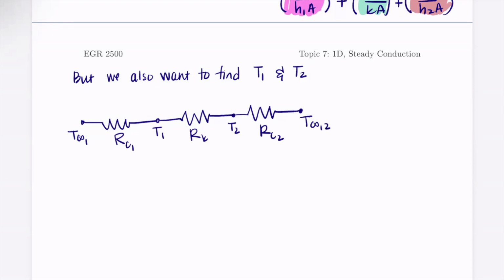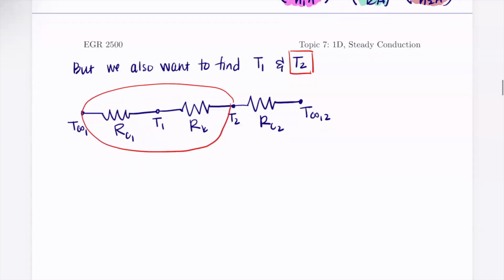Okay, so this is the exact same circuit I drew before. And so, for example, if we wanted to find T2, we would draw an equivalent circuit here.